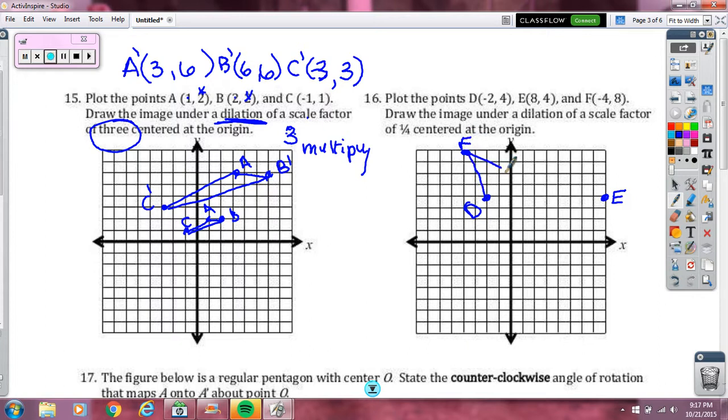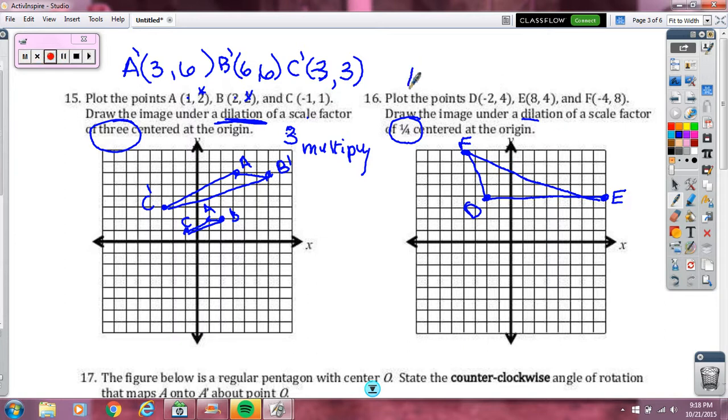So a giant triangle. And I'm this time drawing the image under a dilation of a scale factor of 1/4. So I've got a number as my scale factor that's smaller than 1, meaning this is going to be a reduction, or the shape that I end up drawing next will be smaller than the original.